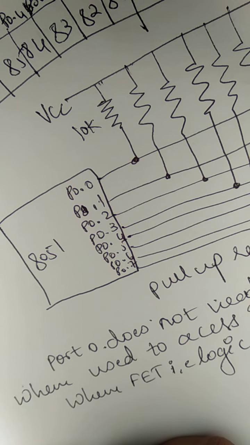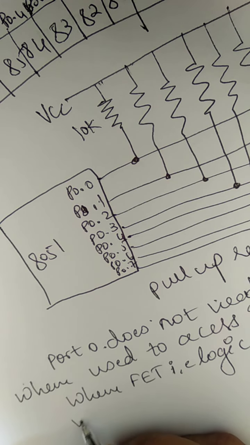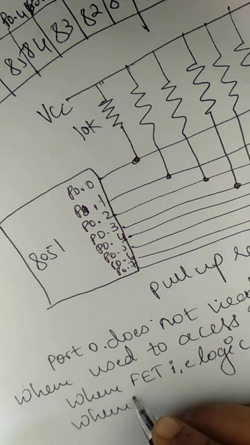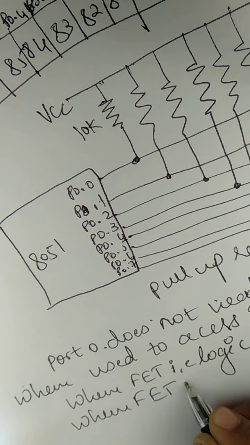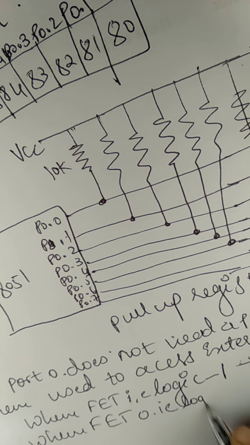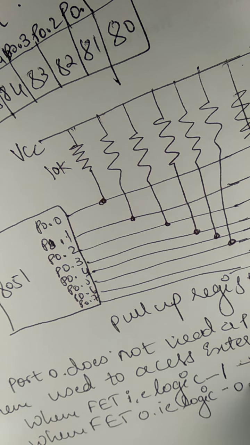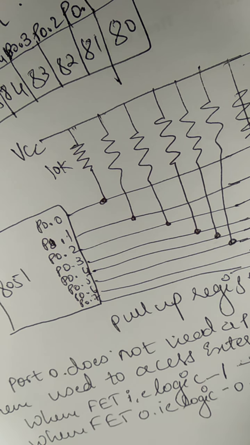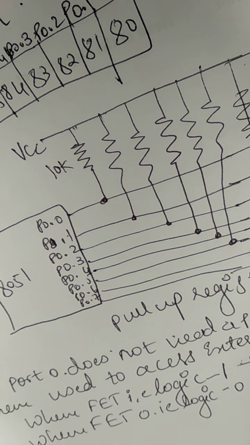The lower FET is off when the logic gate is 0, which shows the FET is off.